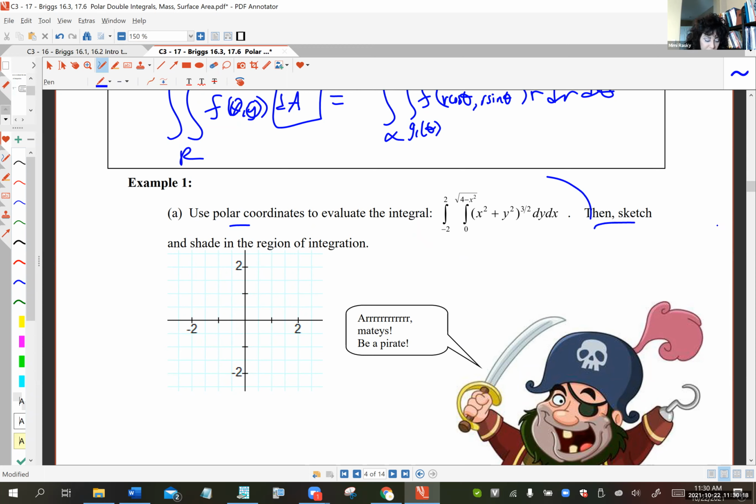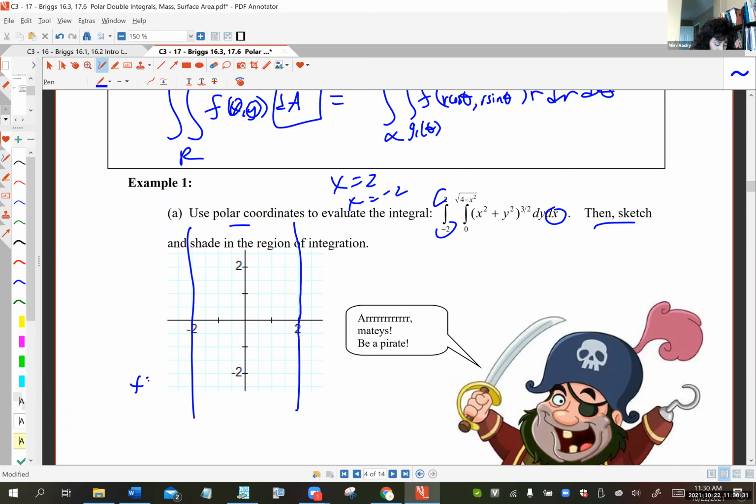Let's sketch the region of integration first. X is going from -2 to 2. So I'm going to graph x equals 2 and x equals -2. Those are easy because those are vertical lines. Then I'm going to graph y equals 0 and y equals positive square root of 4 minus x squared.